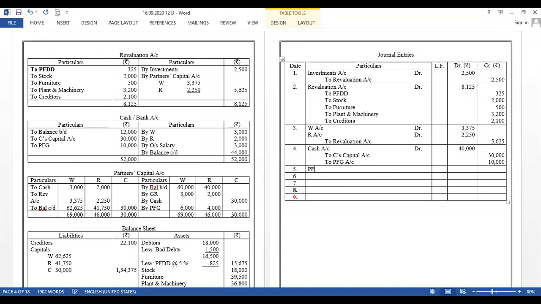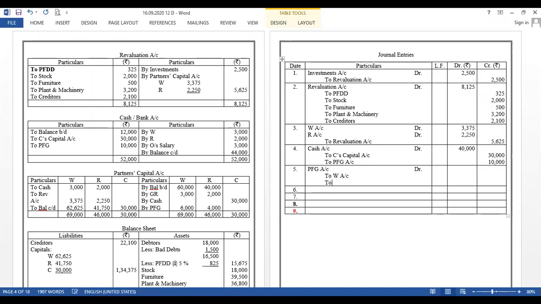So let us complete that part over here itself. PFG account debited, premium for goodwill account debited to W account, to R account. Premium for goodwill was 10 and that is distributed between W and R in 6 and 4. So that can be seen over there. Done. So we are done with the capital and PFG.